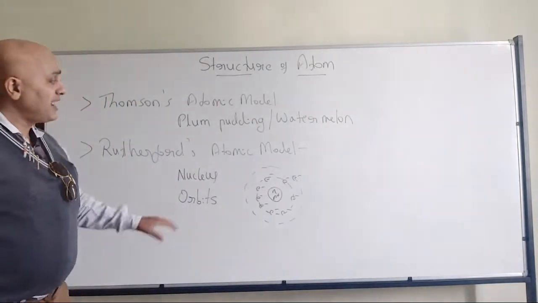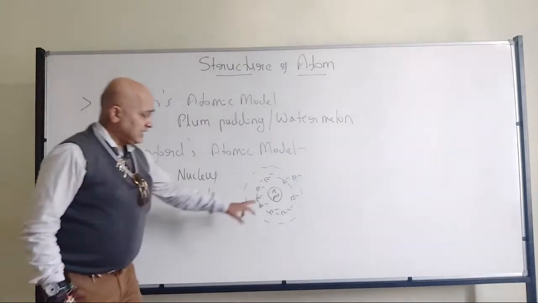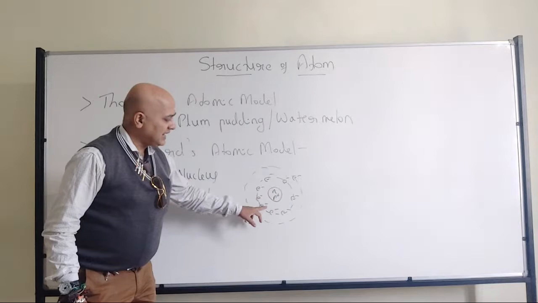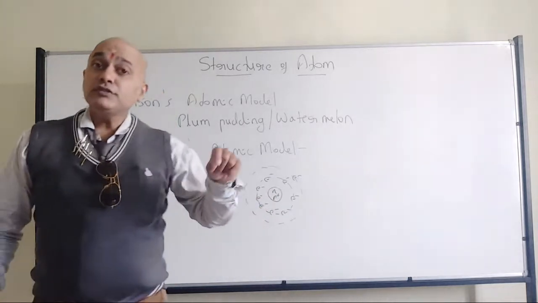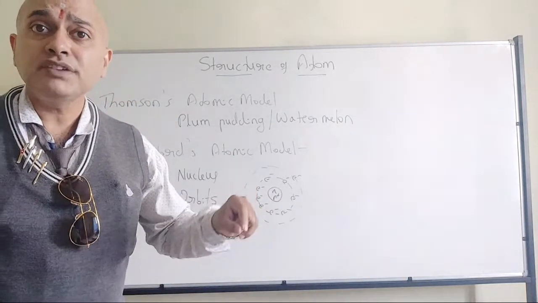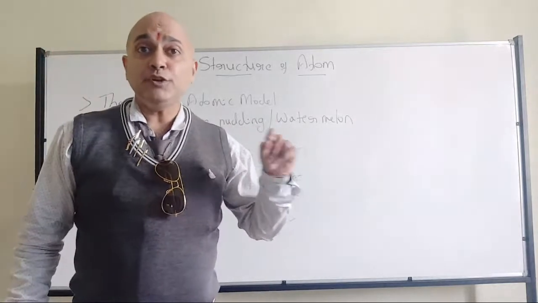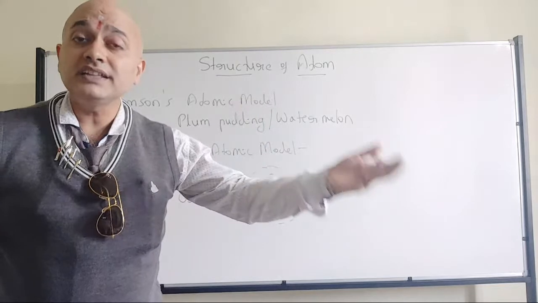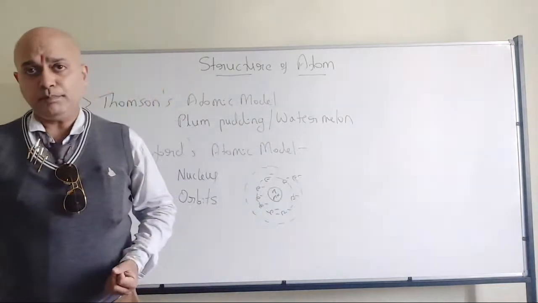And the final one he told about the interaction between the positive part and negative part, because even Rutherford knew that atoms have positive and negative parts, since this atomic model came after the discovery of electrons and protons.